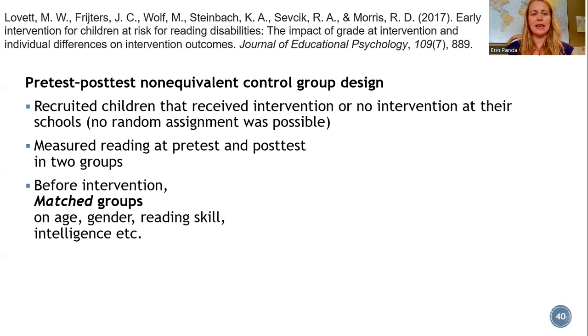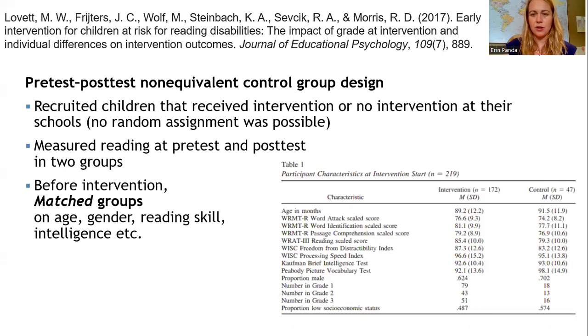And importantly, before the intervention started, they thought about which kids they would select to be part of their study and matched the groups so that they were equivalent on other variables that could also impact their reading scores. So here's a table from the study. We've got the intervention kids here and the control group kids here.